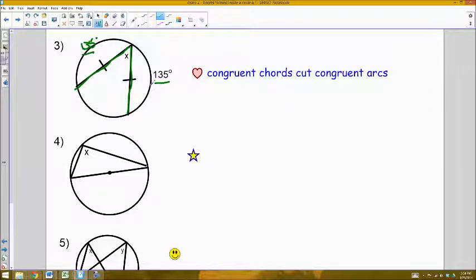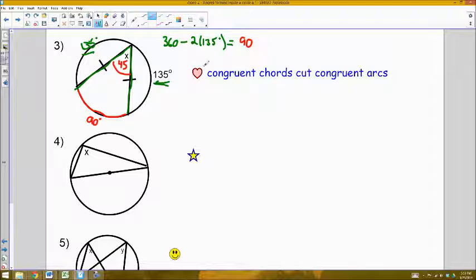If this is 135 and this is 135, and the total number of degrees in a circle is 360, we can subtract these two 135s from 360, to figure out what the remaining arc would need to be. Well, when we do that subtraction, we end up with 90, meaning that this arc must be 90 degrees, and its opposite inscribed angle is therefore half of that, which is 45.